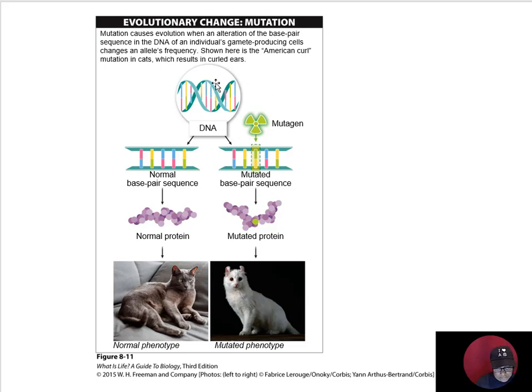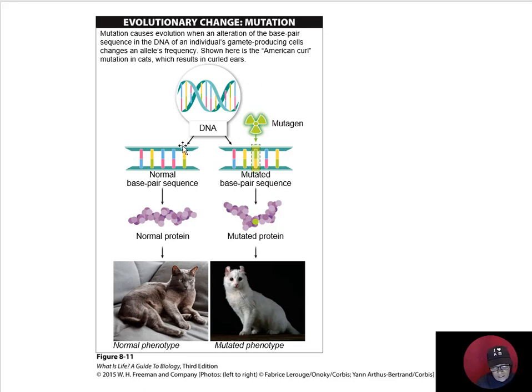But when this alteration, this mutation, happens in your gametes, well, that's going to the next generation, right? So here, we're looking at the American curl mutation in cats, which results in curled ears. Here we have the normal base pair sequence that results in this normal protein, which results in ears that look like this cat on the left.